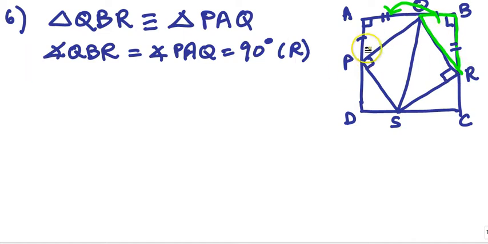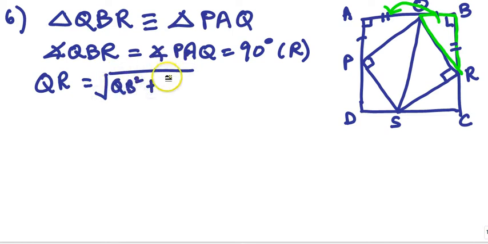Well, we know the hypotenuse over this side, let's look at this triangle. QR is equal to the square root of QB squared plus BR squared, right? And this is also equal to the square root of, well, QB I know is equal to AP, so I can replace QB squared with AP squared.